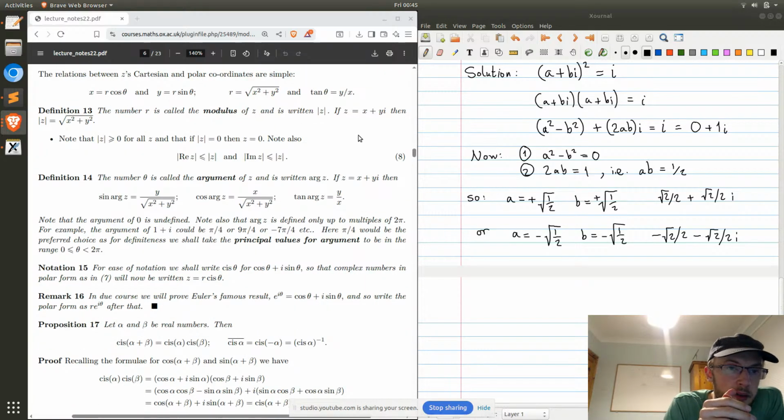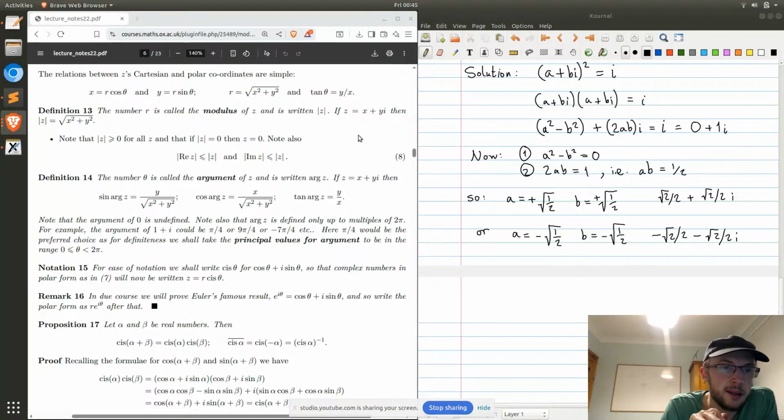The number r is called the modulus of z and is written absolute z, or modulus z. I believe that's how you say that. If z is equal to x plus yi, then the modulus of z is equal to the square root of x squared plus y squared.